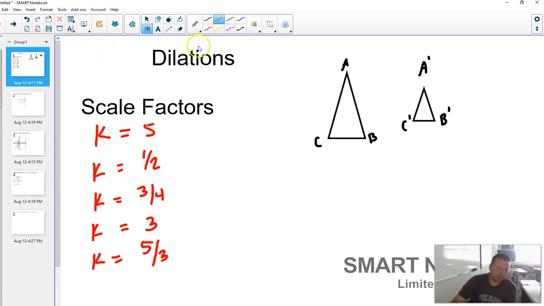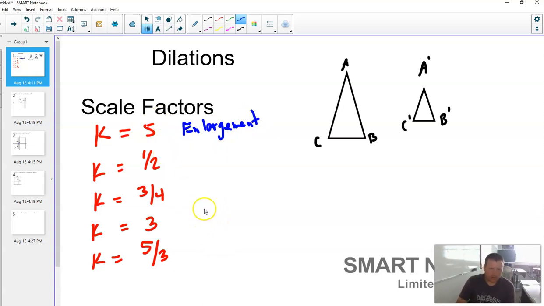Just a couple other general things before we look at problems: anything that is a number greater than 1 is an enlargement. So this would be an enlargement. It has to be greater than 1, it can't be equal to 1.